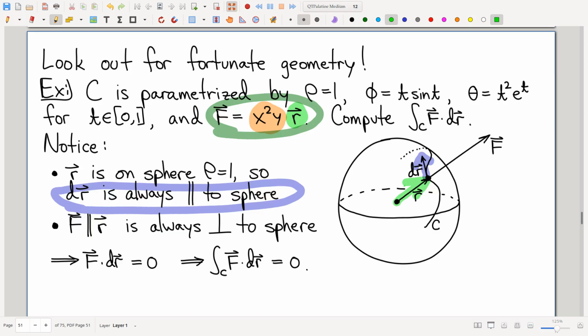Correction, spheres centered at the origin. You just got to take a moment to think about this, right? Consult your geometric intuition. A sphere centered at the origin has the feature that these position vectors will always be perpendicular to the surface. In fact, this is a peculiarity exclusive to spheres centered at the origin, that the position vector is always perpendicular to the surface. What do you think about that? Is everybody buying that?